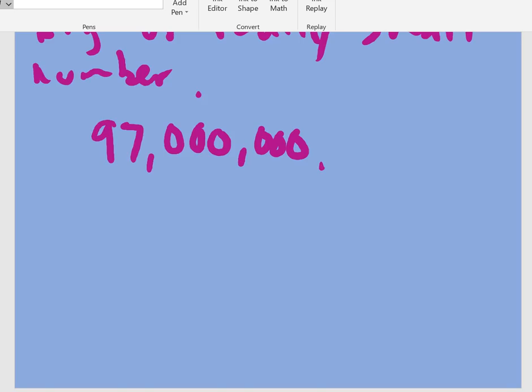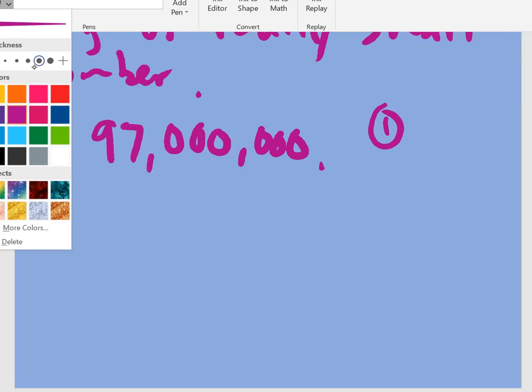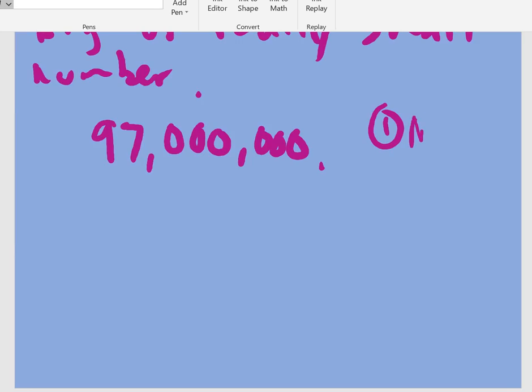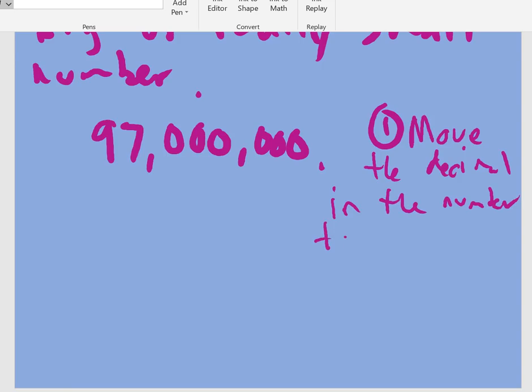What we're going to do is step 1. You, my friends, are going to write, if there's not a decimal, you got to put it there. But you're going to move the decimal in the number to make it between 1 and 10.